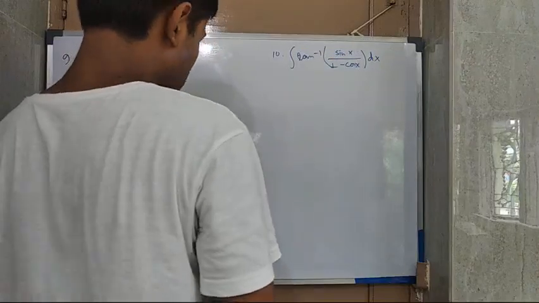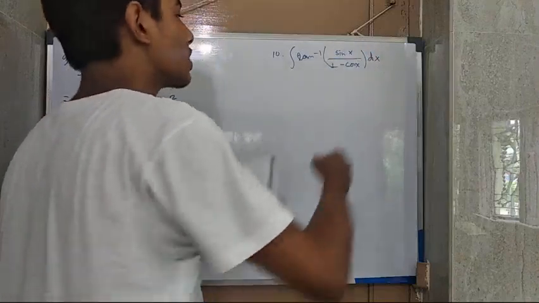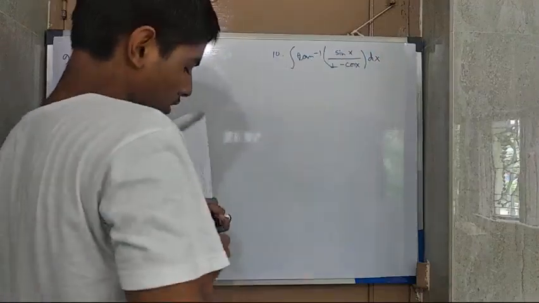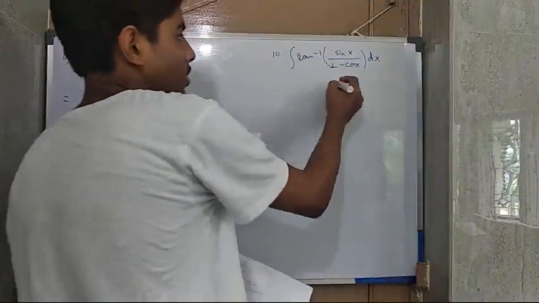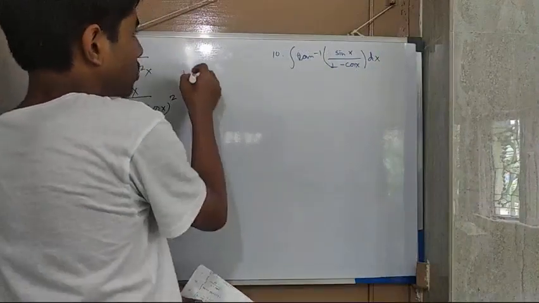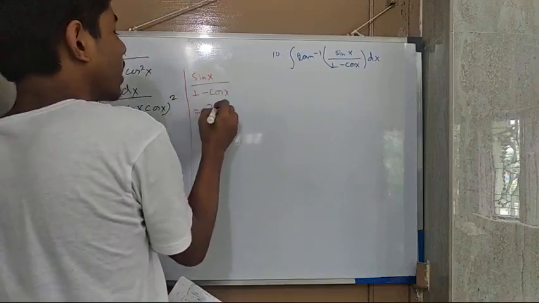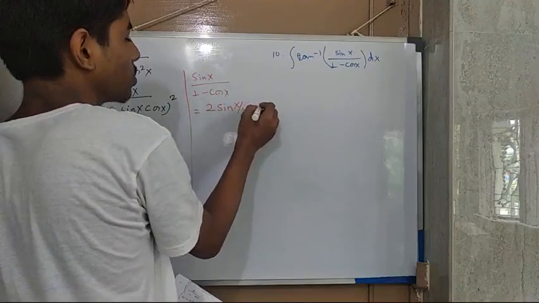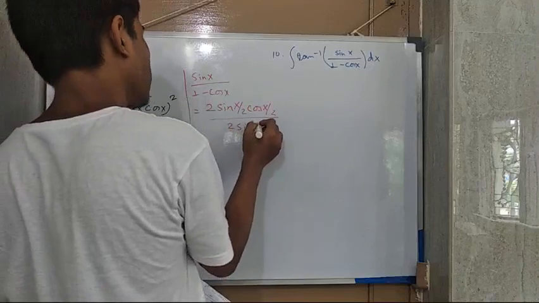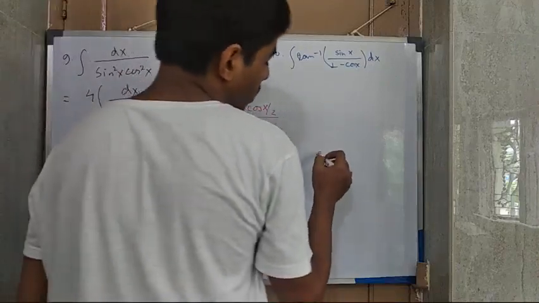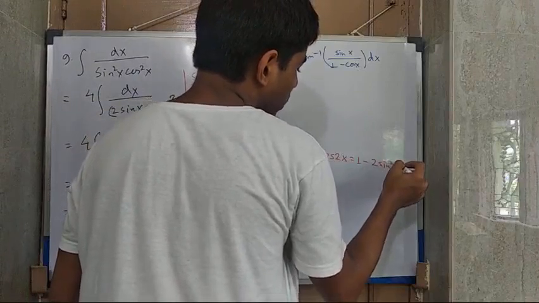For this question, what we have to do is write this as a function of tan, so that we can cancel the tan inverse and tan. So let's try to write it as a function of tan first. This is sin x by 1 minus cos x. Sin x can be written as 2 sin x by 2 cos x by 2, and 1 minus cos x can be written as 2 sin squared x by 2, because cos 2x is equal to 1 minus 2 sin squared x.